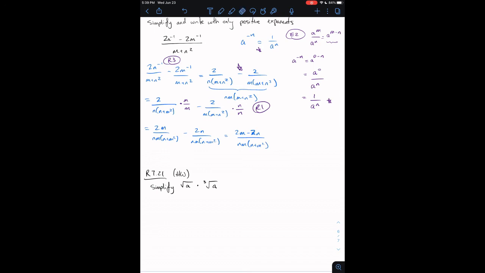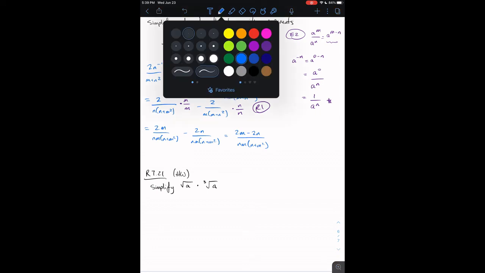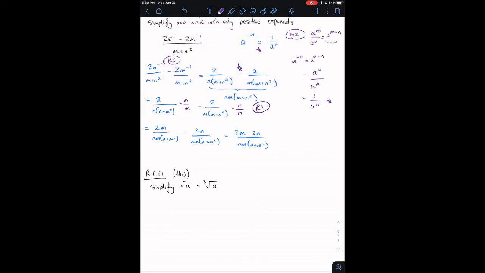Let's clean this up a little bit. Okay, and again, just to stay on it as much as possible, this was R3. This is the subtraction property of rational expressions. And then finally, to make it look nice, I realize I can factor a 2 out of the top. And that is the most simplified way of writing this term.